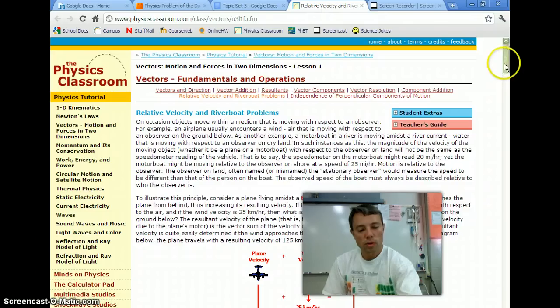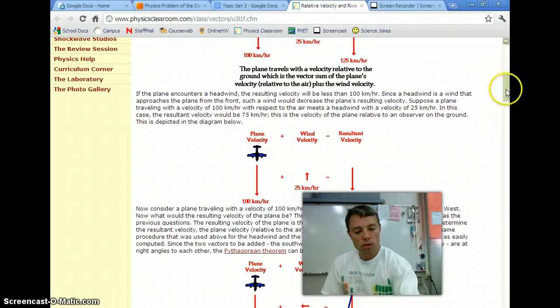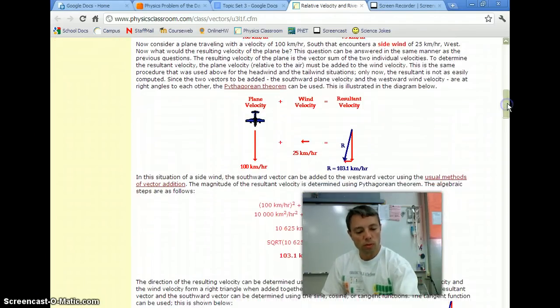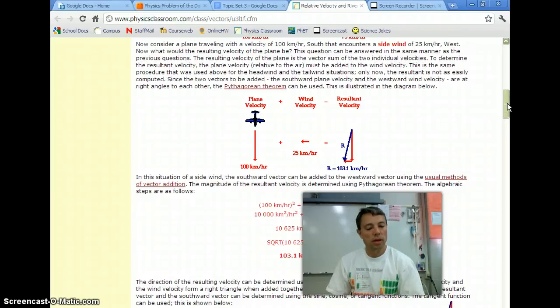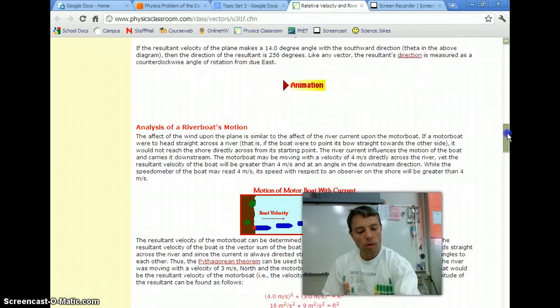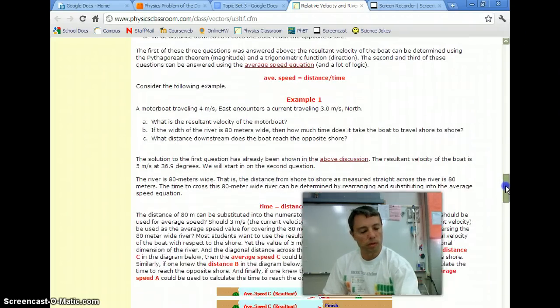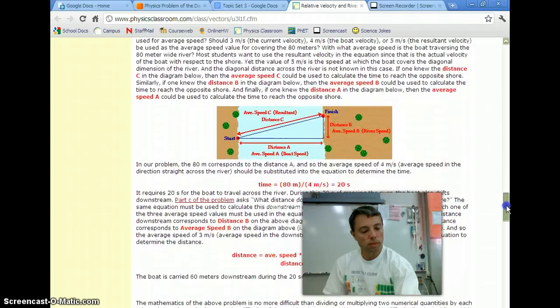It goes through the content of what we're talking about, and takes you through 1D motion versus 2D motion. Here we have our airplane, and the wind velocity is coming at an angle, and they talk about how we're using Pythagorean's theorem to solve that. We can go through, and there's a couple of them showing the riverboats and how we can do the same type of thing. There are example problems that you can see.